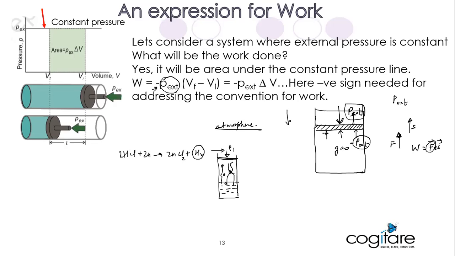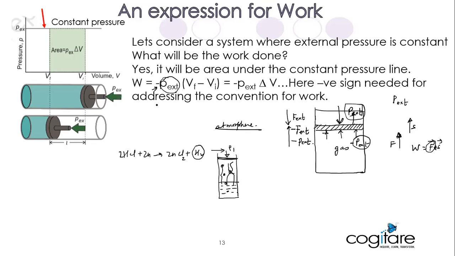This we call F external. The force the gas is applying is equal and opposite to that, that is why it is going to be minus F external. Divided by area, this is going to be minus P external. Are you following, guys? Yes, sir. So this is to tell you the gas is doing the work, not the atmosphere.